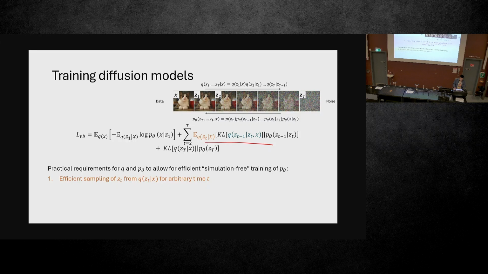So the first requirement is that we want to be able to sample from this Q distribution so that we can estimate this loss term for a particular time step t. The second requirement is that we want to be able to express the reverse of the forward process, conditioned on X, and the KL divergence compared to the model P of Z_{t-1} given Z_t.